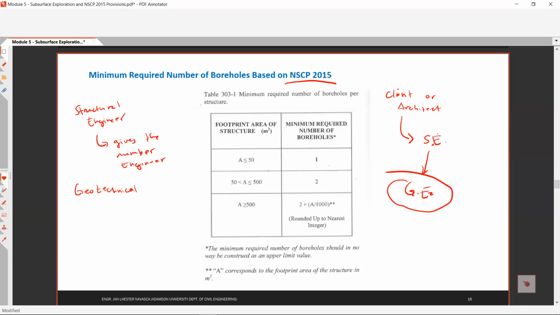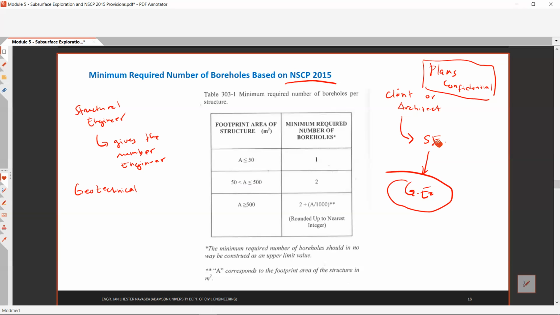Again, take note of this one: the plans are confidential. Plans are very confidential and hindi ito binibigay basta-basta kapag hindi naman siya included sa construction throughout the project. So the geotechnical engineer, hindi yan ibibigay yung plans. Tanging si structural engineer lang muna ang makakakita ng plans.